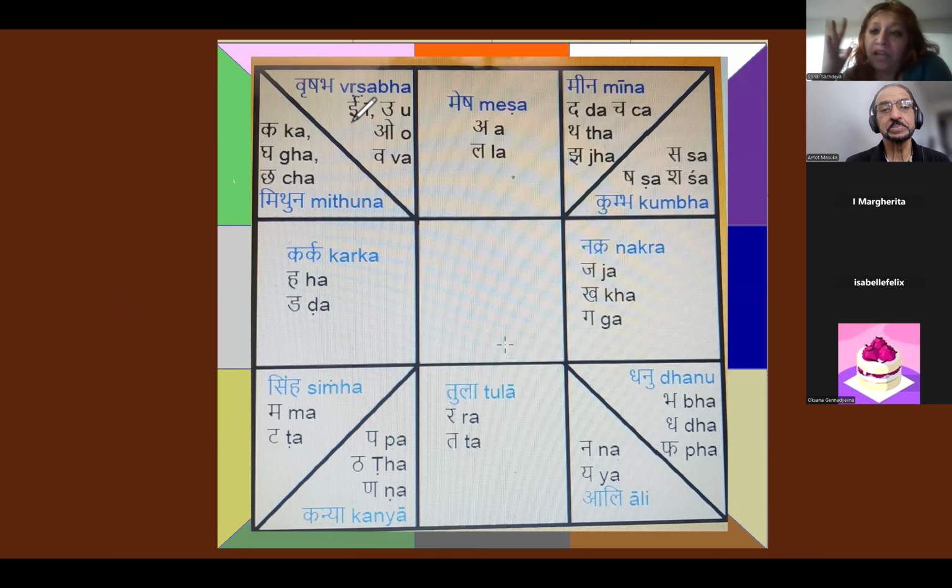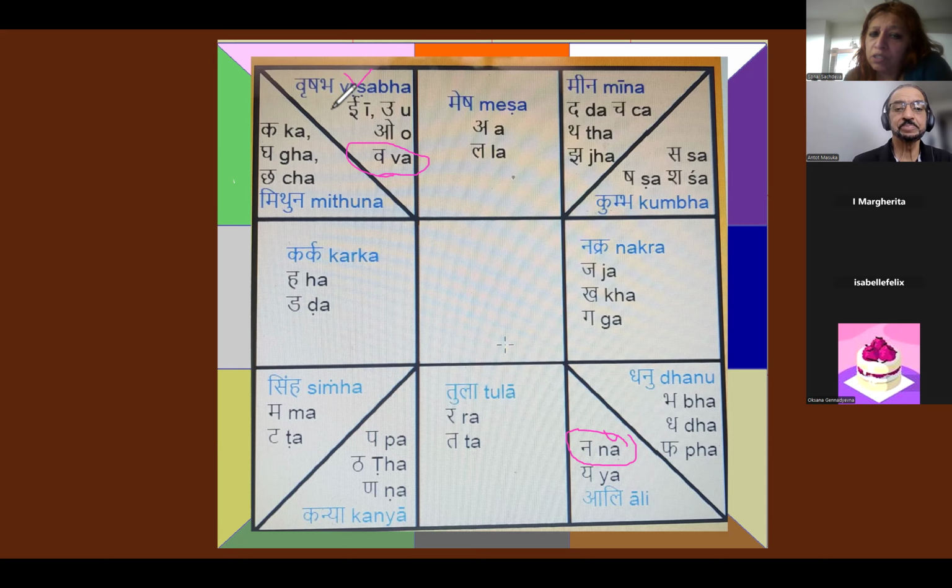Narendra, okay, that was his birth name. From Narendra, the sound Na falls in Scorpio. After he got initiated by his guru Ramakrishna, he was named Vivekananda. The Ve sound in Vivek falls under Taurus.